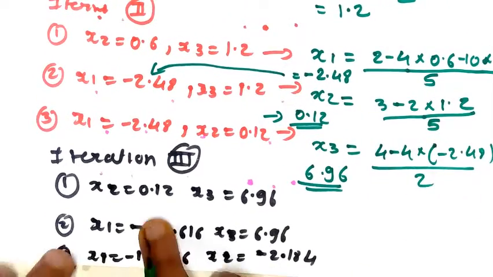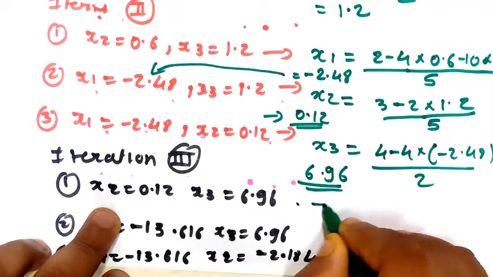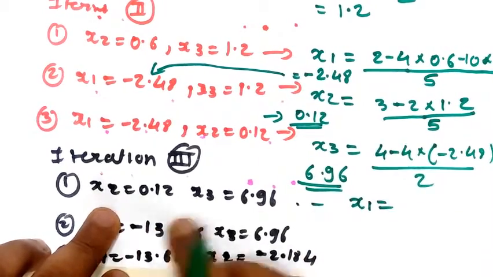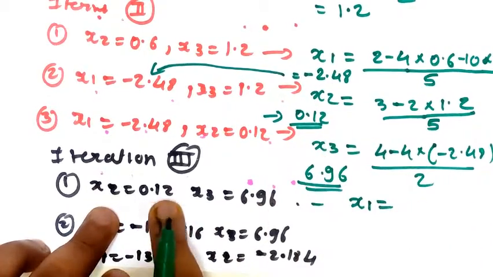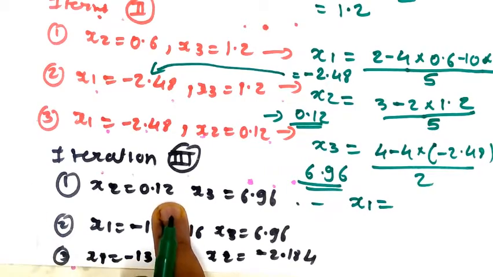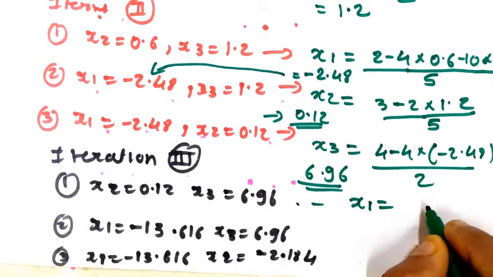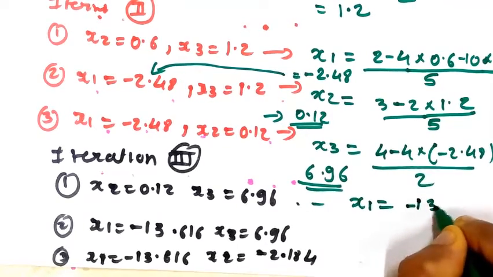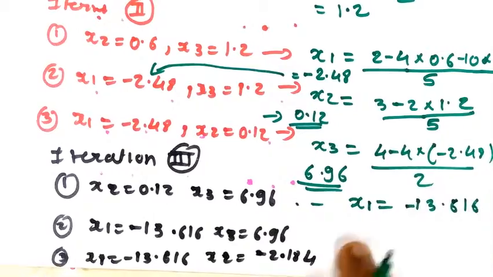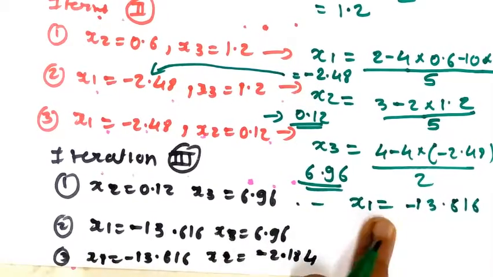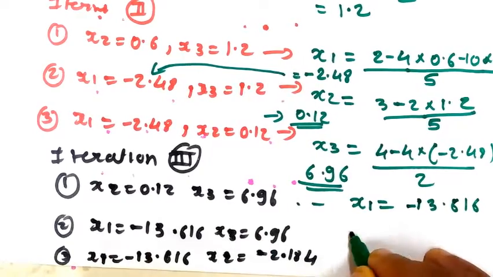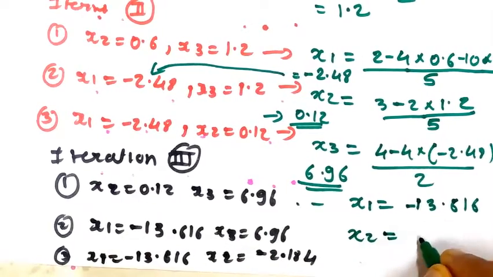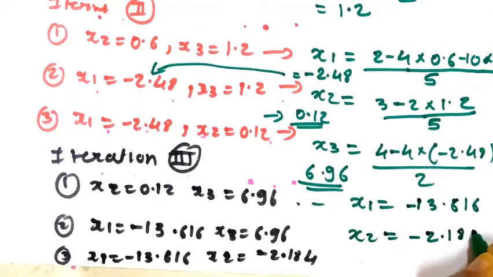Similarly, for finding the value of x1, we require x2 and x3. So the previous values, the initial values, we have to consider, and further if you put them in the formula, you will get minus 13.616. Again use this x1 value and the previous x3 value for finding the value of x2. x2 will be equal to minus 2.184.